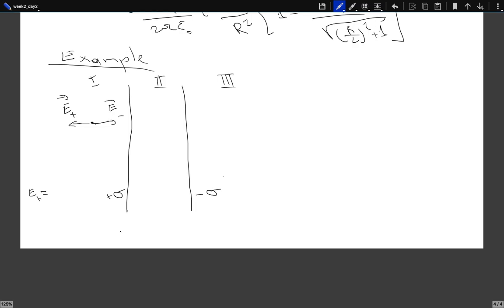Which one is larger, the electric field created by this one or this one, in magnitude? Because we are talking about infinite planes, sigma over 2 epsilon 0, so they are equal. Then we sum up, it's 0. So your friend says that their magnitudes should be equal.